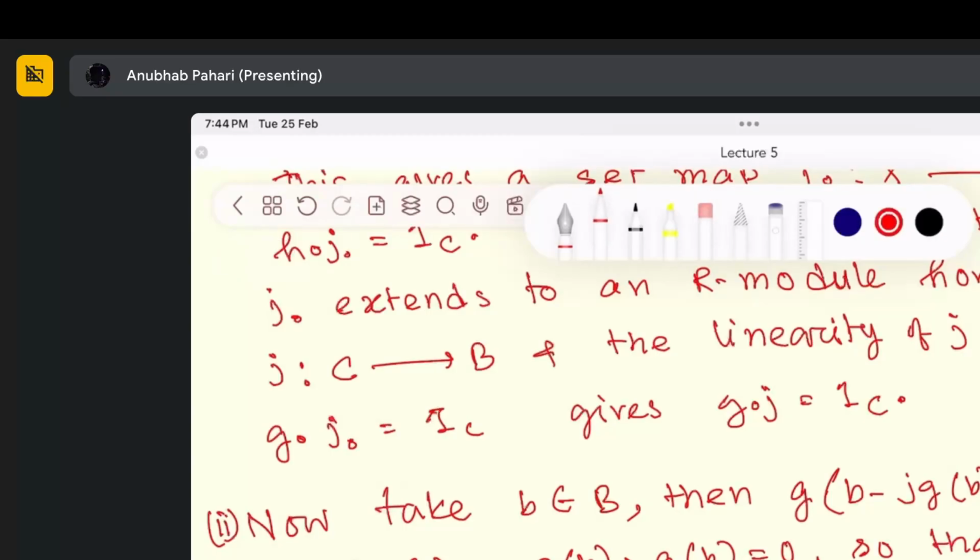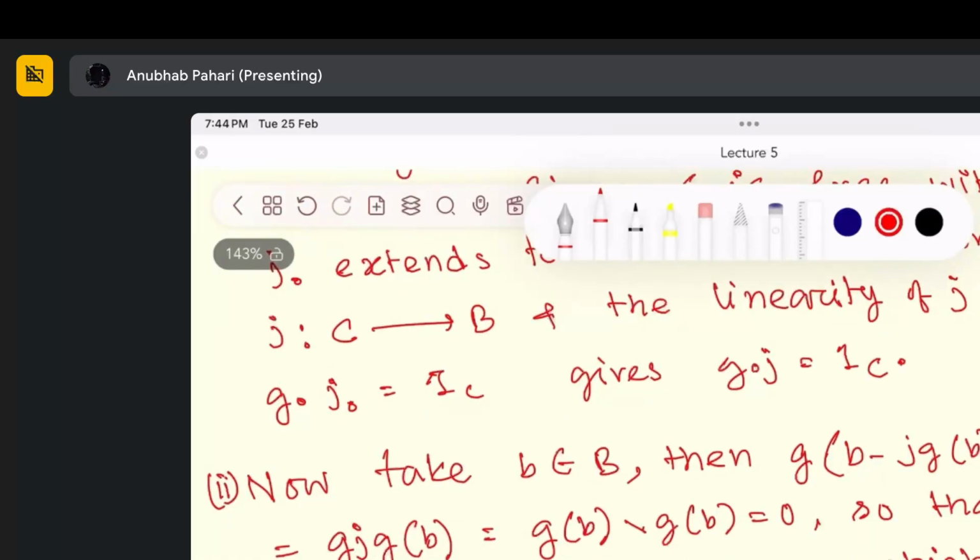Thus b minus J of g of b equals f of a for some a in capital A, and therefore b equals f of a plus J of g of b, showing b belongs to f of A plus J of C. I'm writing down here J of C.